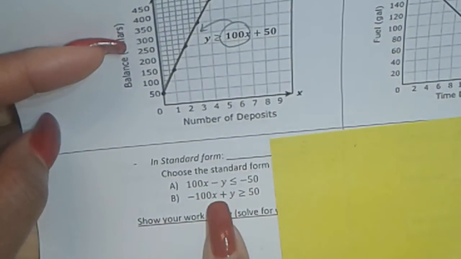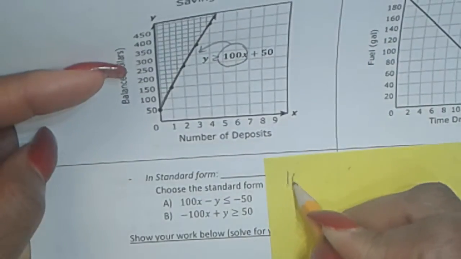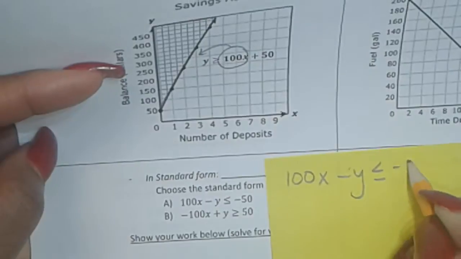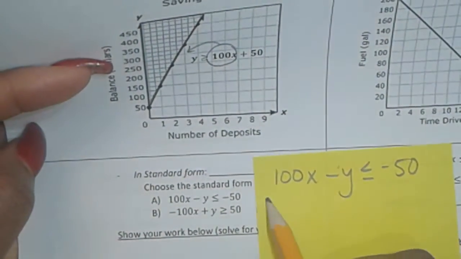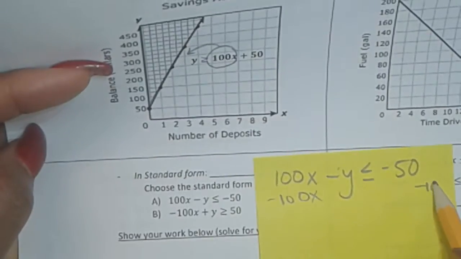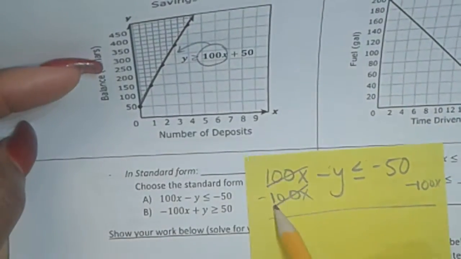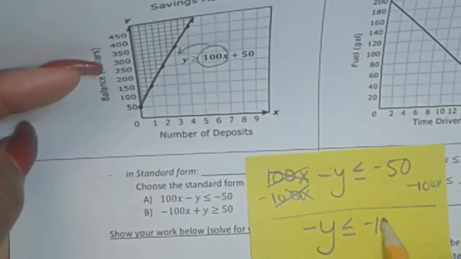Let's take these answer choices and just solve for y. 100x minus y less than or equal to negative 50. I just don't want to confuse you, okay? Move the 100x over. I don't want to give you too much new information. Too much new information won't stick.